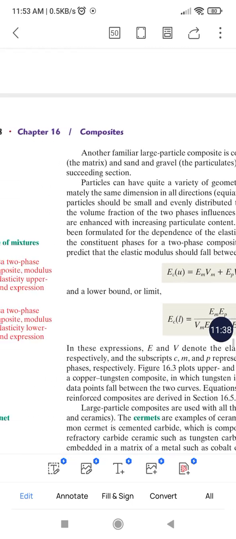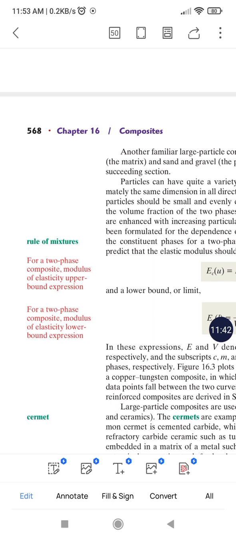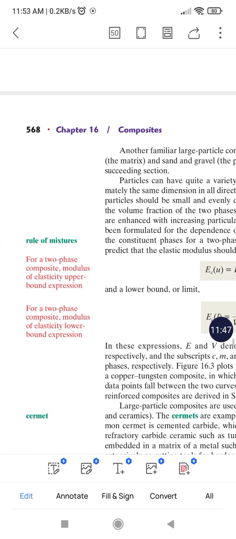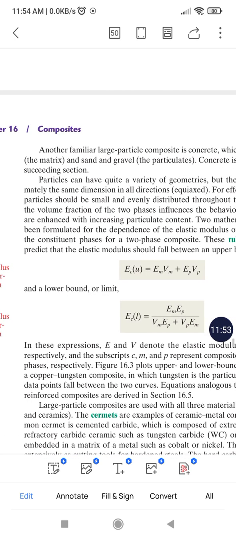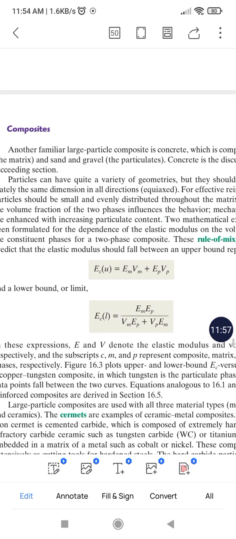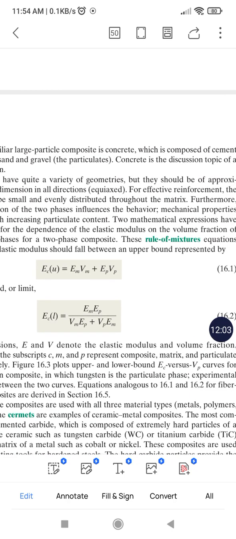Rule of mixtures. The first rule we call the upper bound expression. You can see here in the red letters it is written upper bound expression, for large particle reinforced composites. So you should remember this equation: Ec = Em Vm + Ep Vp.